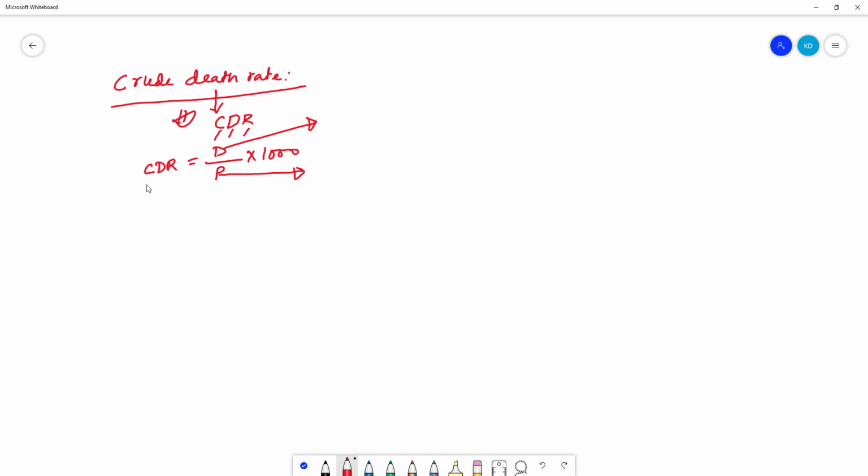So CDR gives the death rate for 1000 population.